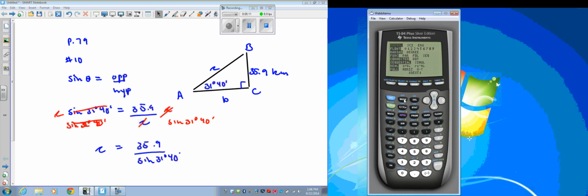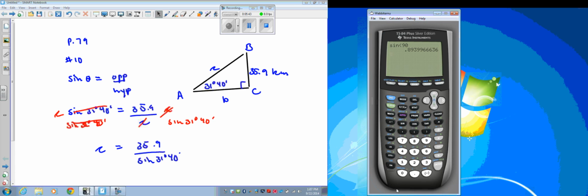So we want to change this mode so that we have it in degrees. Otherwise, we have to write degrees every time. We could do that, but all these problems are not going to be using radians. So the best thing to do is to set yourself up with that. Then we want to get back to our main screen. We just second quit out of it.